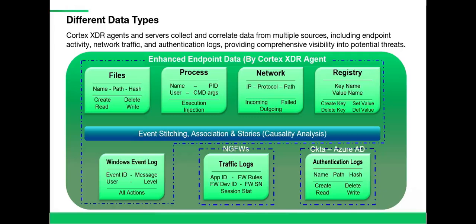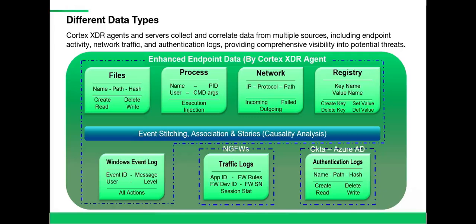So basically for files, right, it will monitor file creation, file deletion, when a file is read, modified. For processes, it will monitor all processes running, right? So process execution, process injection, and it collects all the details of the process, right? The process name, process ID, the user under which the process is running, command arguments.